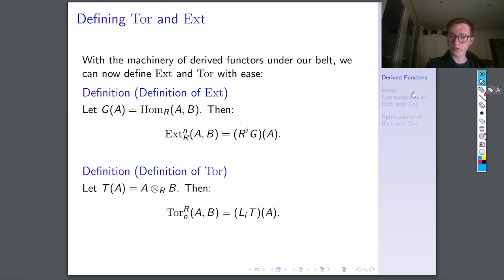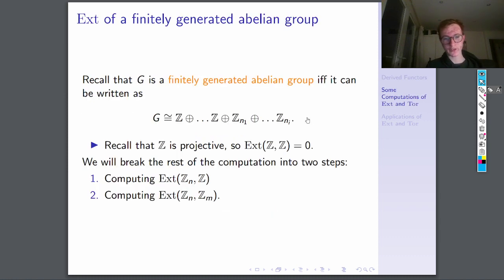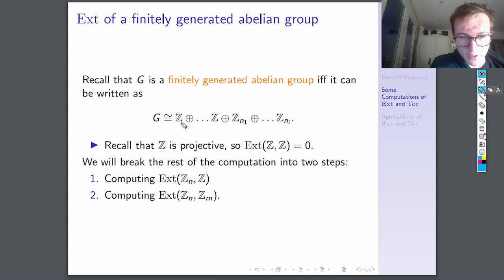I did want this next section to be slightly longer because this is the main chunk of the understanding, but unfortunately, hopefully this one example at least does help. What we're going to be doing is computing Ext and Tor of a finitely generated abelian group. And so these are groups of the form this.